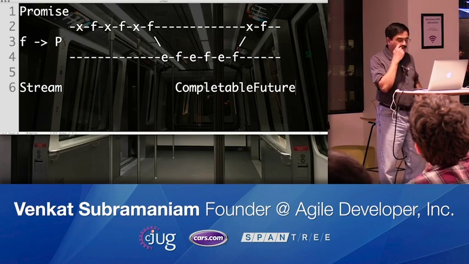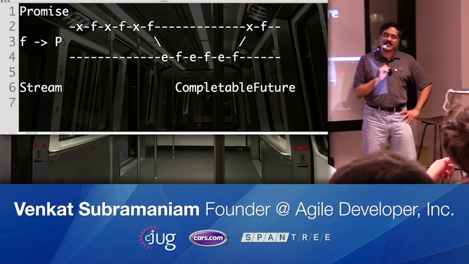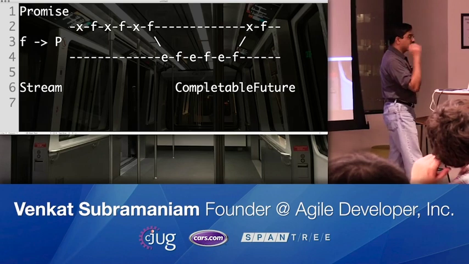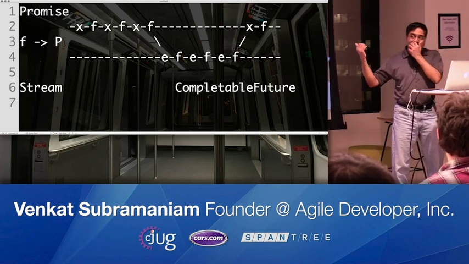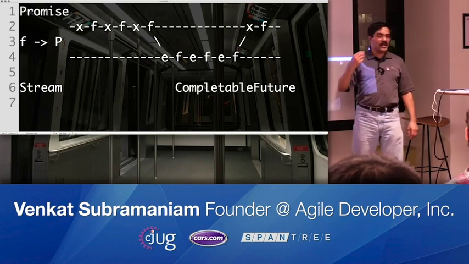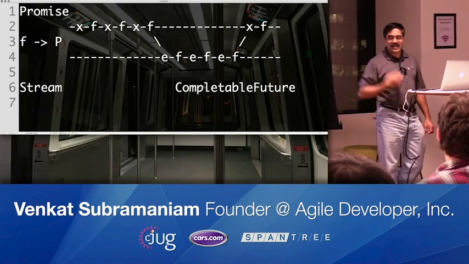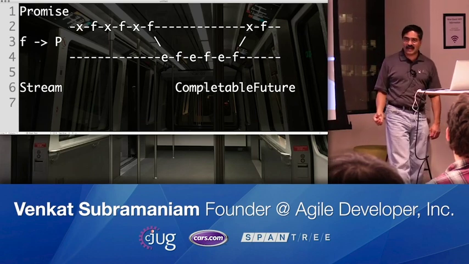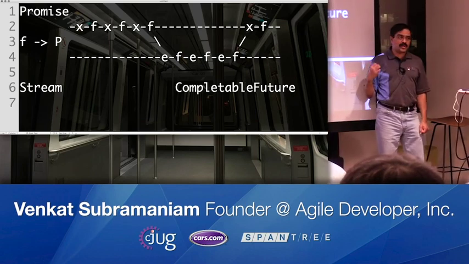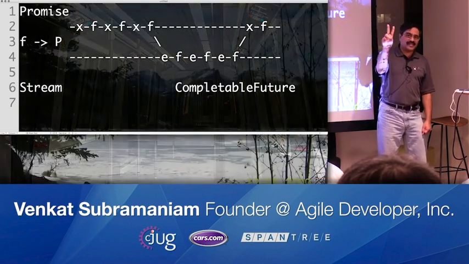What are some of the differences and similarities between them? Well, real quickly, a stream is useful to transmit 0, 1, or any number of data, and a stream is going to push the data towards you. It's a lazy evaluation. A completable future, on the other hand, is not for a stream of data. A completable future either gives you one piece of data or gives you one piece of error.